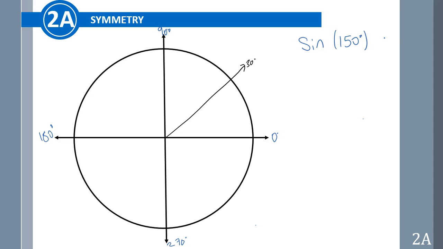There's two ways that we can do it. There's a written algebraic way, and there's a visual drawing way. I'll show you the visual way first, and then I'll show you the written way. If we want to do it visually, we're going to mark a line at 150. It's about there.